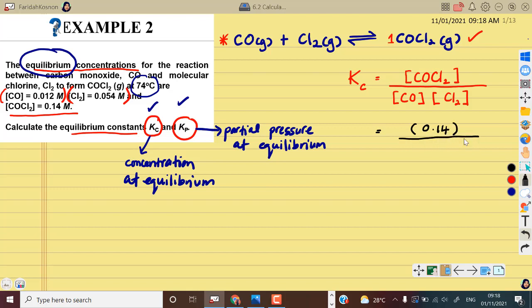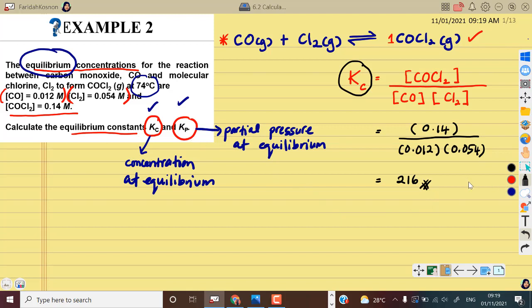Okay, divide by the hasil darab products of concentration of carbon monoxide at equilibrium 0.012, alright, times 0.054. Okay, so you kira betul-betul, you akan dapatkan nilai secara matematiknya, it is 216. Okay, untuk nilai Kc dan Kp, dia tidak perlu ada unit, jadi tak payah letak unit. Okay, so ini untuk Kc. So kita dah settle untuk Kc.